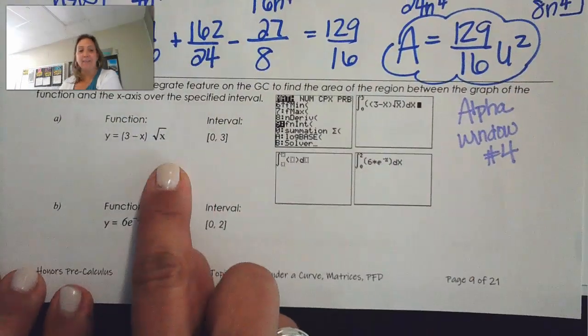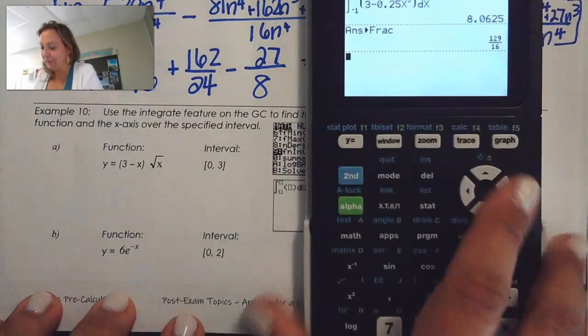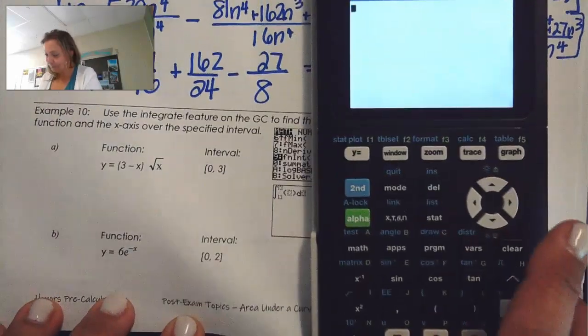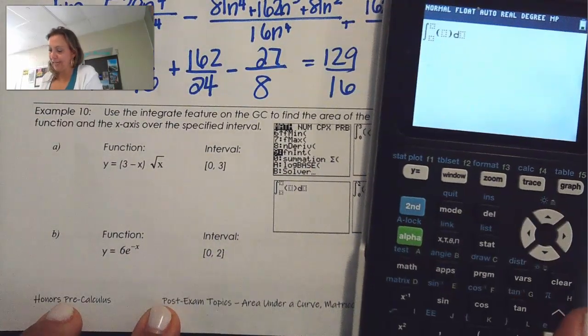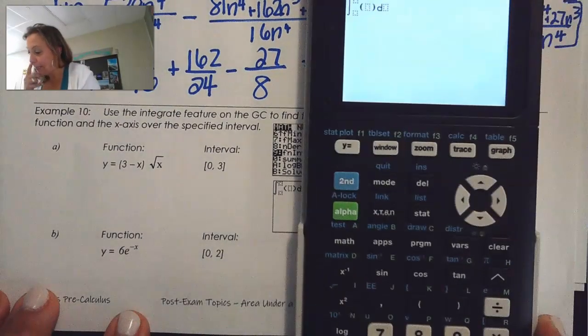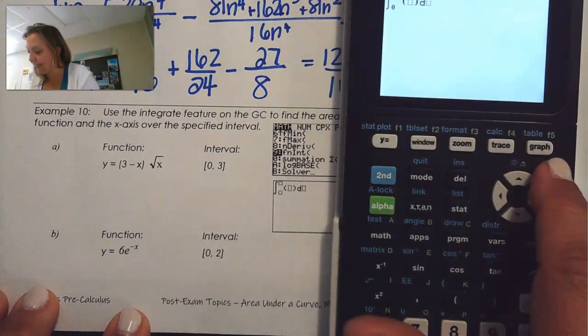So if we wanted to find this, if we were to do example 10a, we could go to math number 9, or again, the alpha window number 4. We would want to go from 0 to 3.